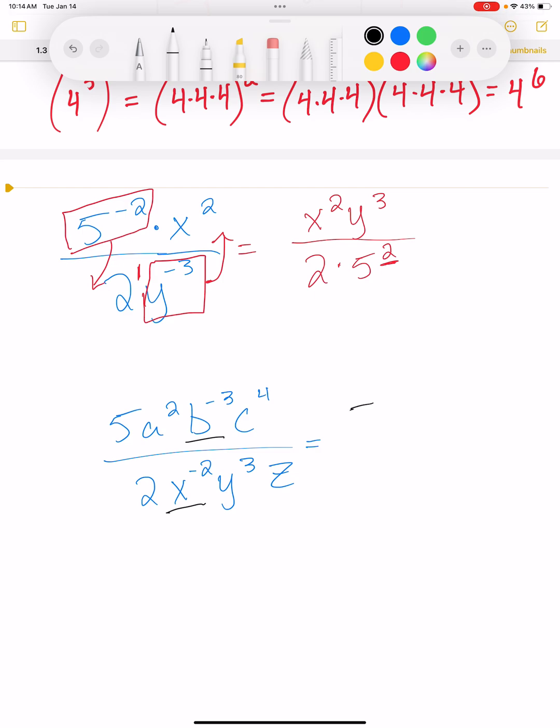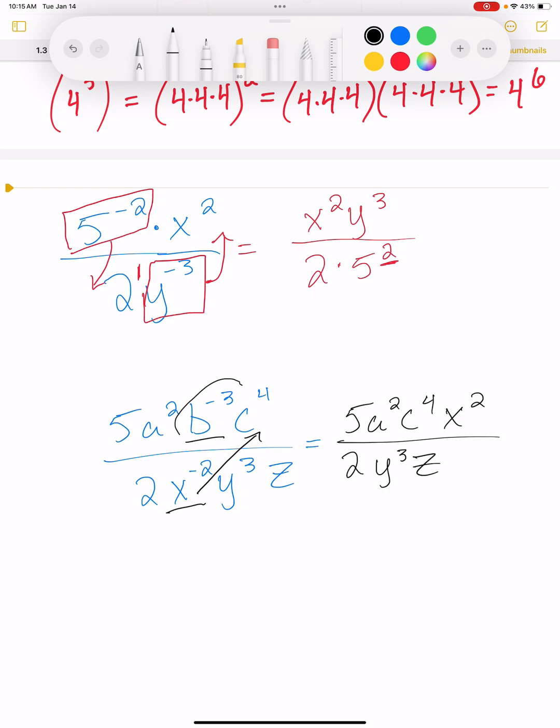So I'm going to say 5a squared c to the 4th. They're still in the numerator, but now this x to the negative 2 comes to the numerator, and its exponent becomes positive. All right, and for the denominator, I have 2, and then there was a y cubed and a z, right?